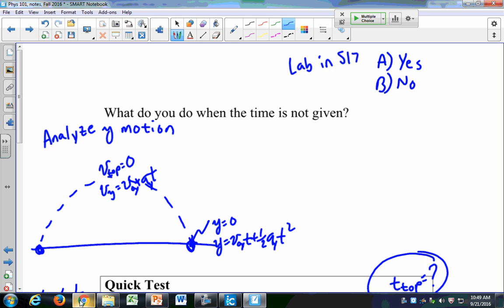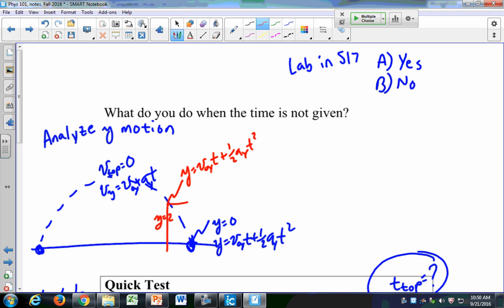Another way, which we did in an extra little problem, like the one you had in your quiz, is what if your final y position is not 0, but something else? Say you know what this is. I think in our problem it was 2 or so meters. Then you would say y equals v naught y times t plus 1/2 ay t squared.